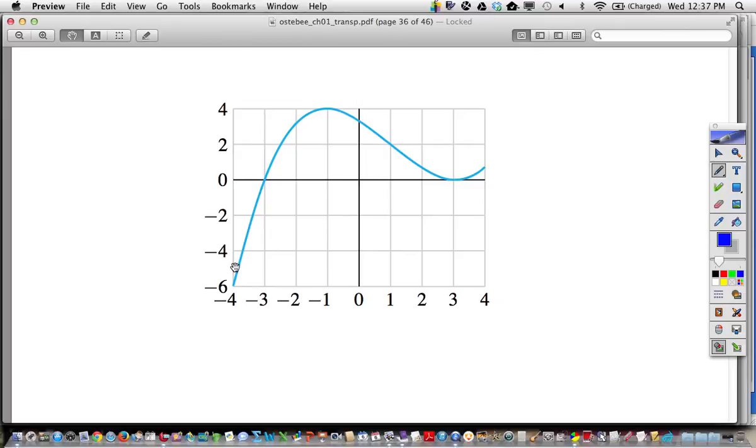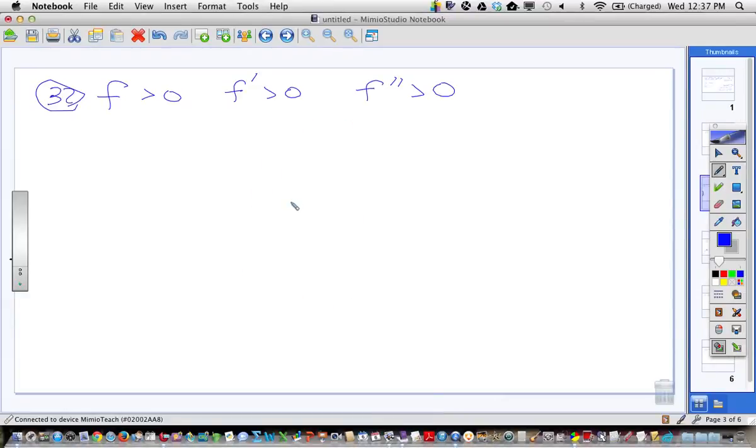I've got a couple here that I want to talk about. Let's start with number 32. All right, 32 says you're supposed to sketch an F graph that has these properties.